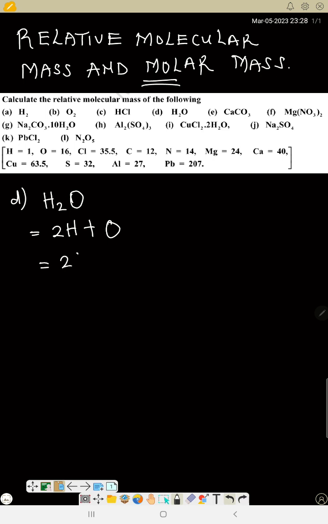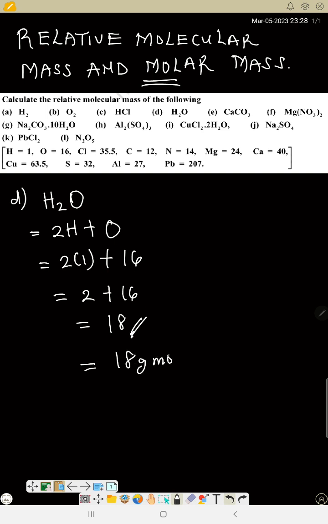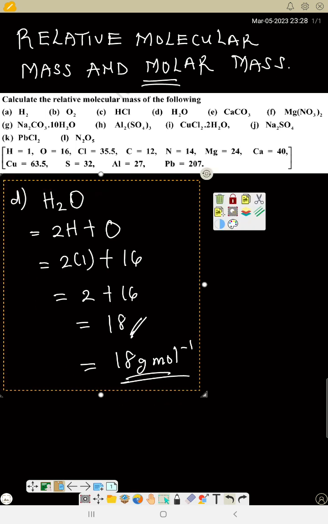So that will be 2 brackets 1 plus 16, because hydrogen is 1 and oxygen is 16. So 2 plus 16 will be 18. If I put units, 18 gram per mole, this is molar mass. So that's it.